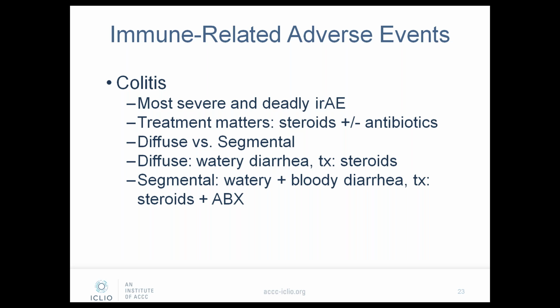For the colitis, you can see diffuse colitis, meaning involving the entire colon, or short segments of colon. And clinically, the patients will have watery diarrhea in diffuse colitis, whereas in segmental, you can get some bloody diarrhea. And anytime you get blood, you want to add antibiotics as well as steroids treatment.